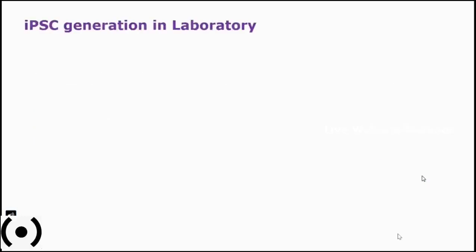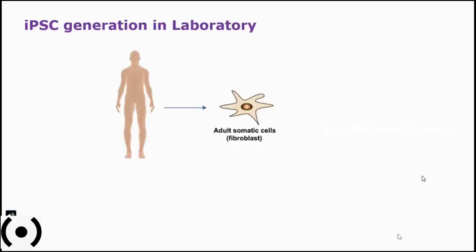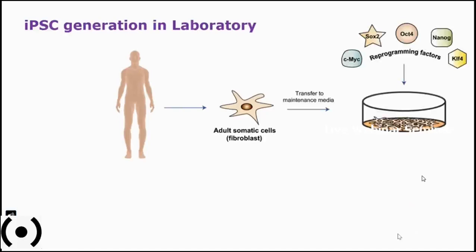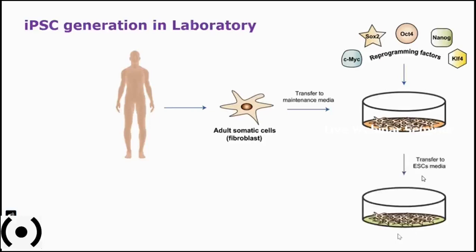Now you must be curious to know how these iPSCs are generated in the laboratory, right? Let me give you an overview. First you have to take biopsy samples of any normal cells, for example, a skin biopsy. From the skin biopsy, you can grow the fibroblasts as a primary culture, and then you just deliver the 4 reprogramming factors by retroviral delivery or any other way, and then you have to wait.